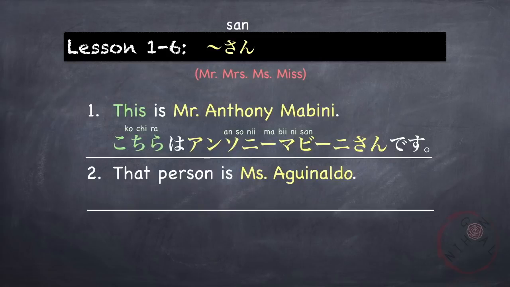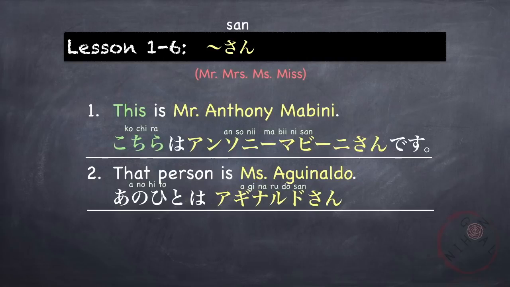Another example, that person is Miss Aguinaldo. あの人は Aguinaldo さんです. So whether it's female, male, again, Mr., Mrs., Miss, they're all the same. You only need one word for this in Japanese, and that is san.